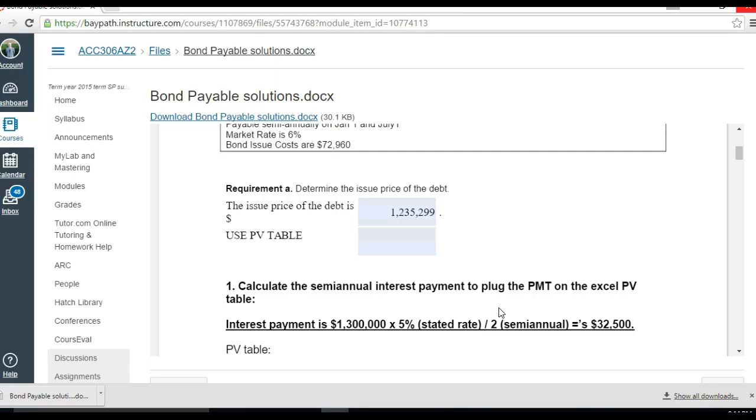We divide that by 2 because we pay it twice a year, and that equals $32,500 semi-annually. So our interest payment is going to be $32,500 semi-annually. Use the coupon rate.